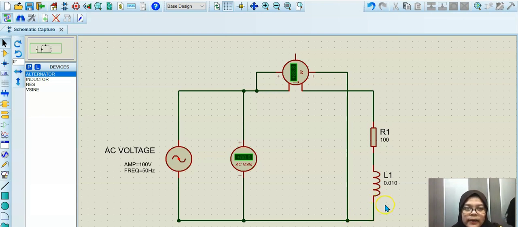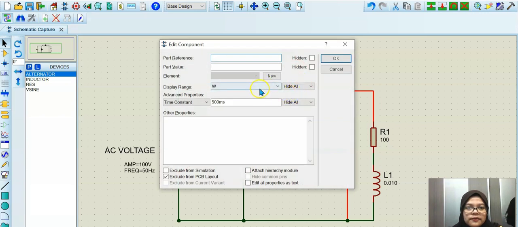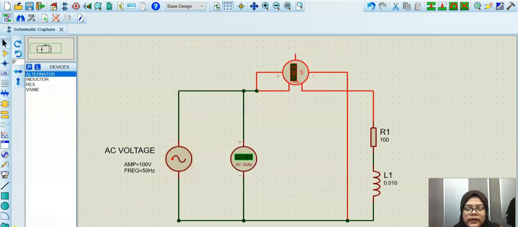I use a load of 100 ohm and 0.01 for the inductor. Then when I run the simulation, I get 49.9 watt for the wattmeter, and then I change it to VA and run again.